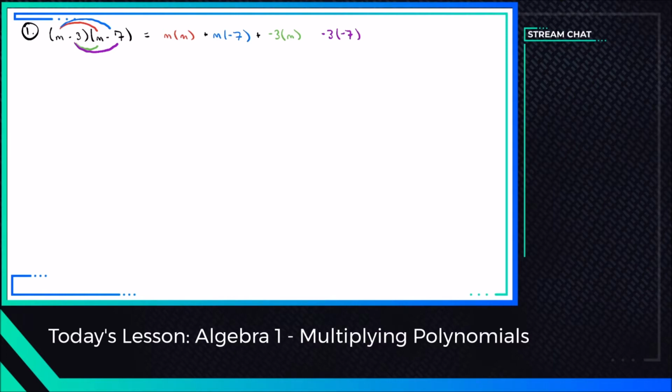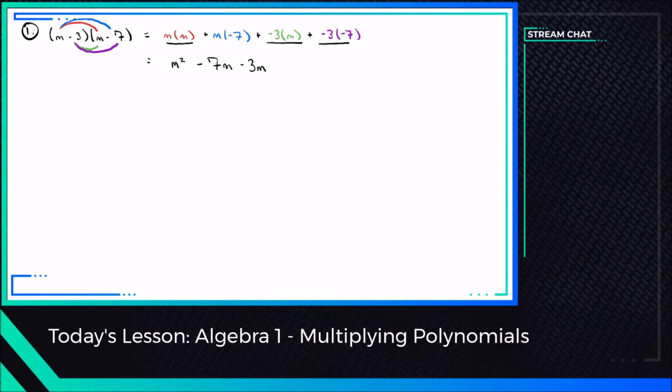These plus signs are really just placeholders, because if it becomes a negative, then you're going to replace that with a subtraction sign. So now m multiplied by m is going to be an m squared. Negative 7 multiplied by m is going to be a negative 7m, so we can get rid of that plus sign there. Negative 3 multiplied by m is going to be a negative 3m.